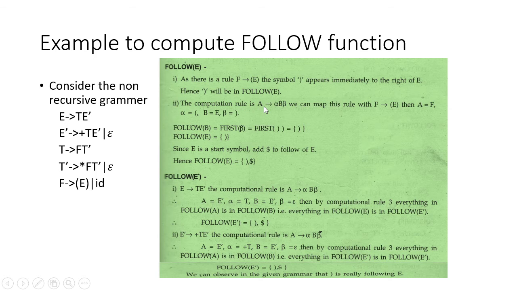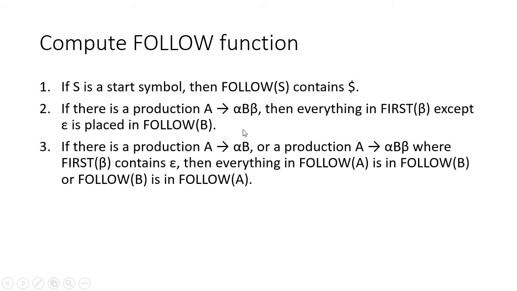The computation rule is A derives alpha B beta. We can map the rule with F derives bracket E bracket: A is F, alpha is the opening bracket, B is E, and beta is the closing bracket. So everything in first of beta is in follow of B. That's what the rule says.